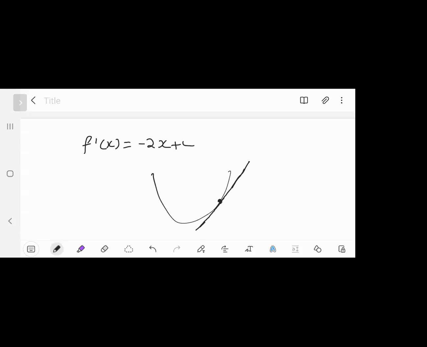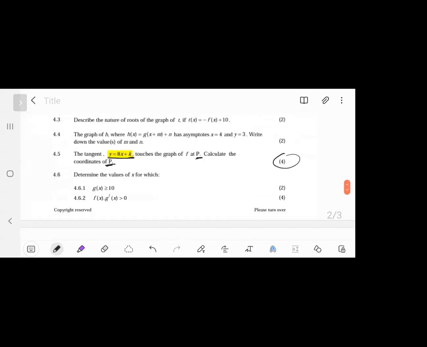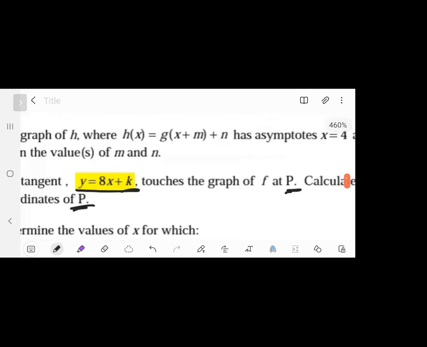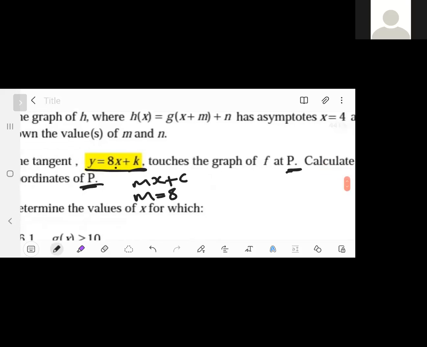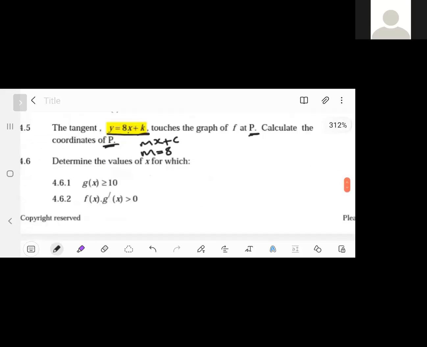So the gradient at x equals 3 must be the same for the tangent and for the graph. Already I have the gradient of the tangent, mx plus c, so my m equals positive 8. So I want a point where the gradient is 8.